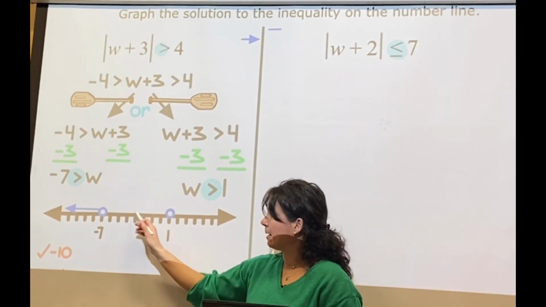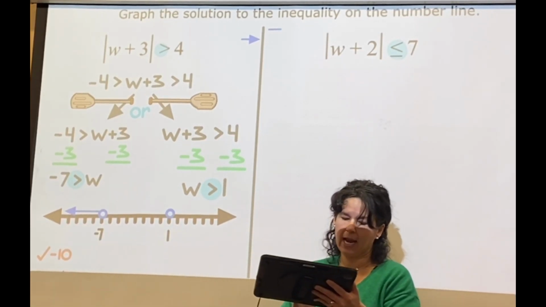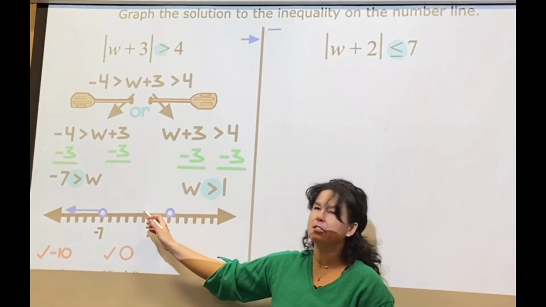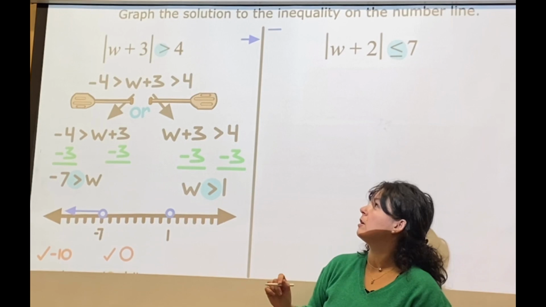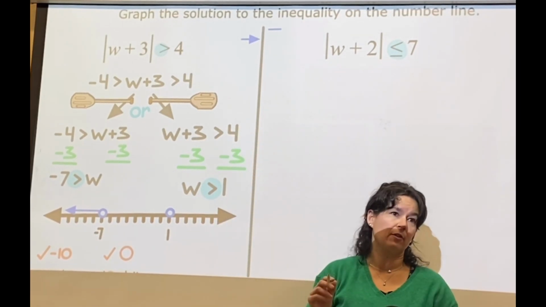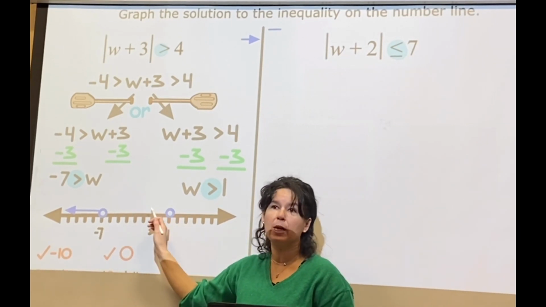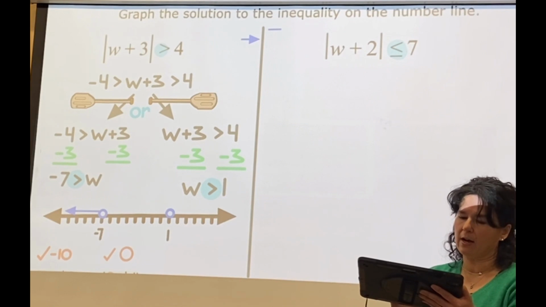I can pick any number I want in the middle of negative 7 and 1. Perhaps I select 0. And if I put 0 back into the original, 0 plus 3, absolute value is 3. 3 is not bigger than 4. It's not true, so in between, none of these numbers work. And then lastly, pick a number to the right of 1.